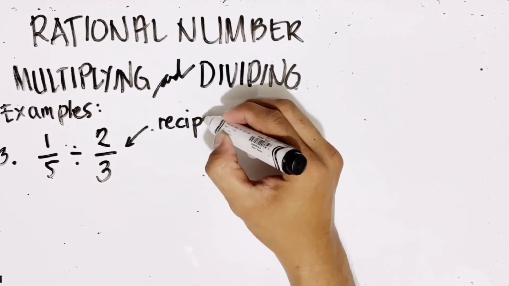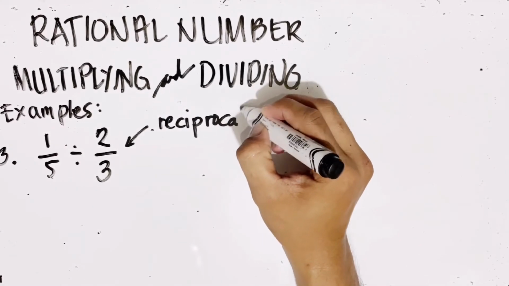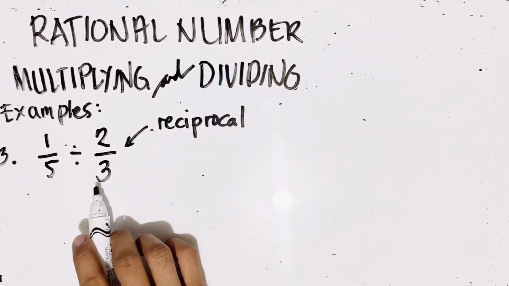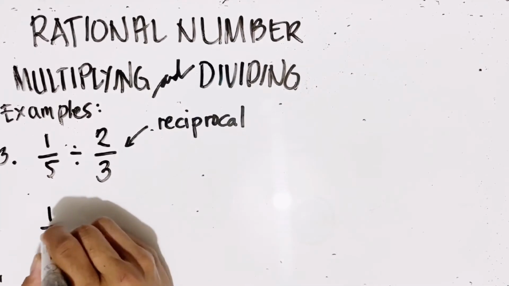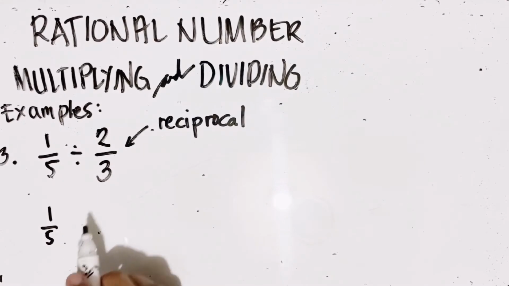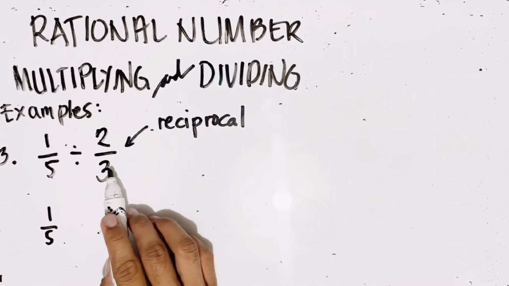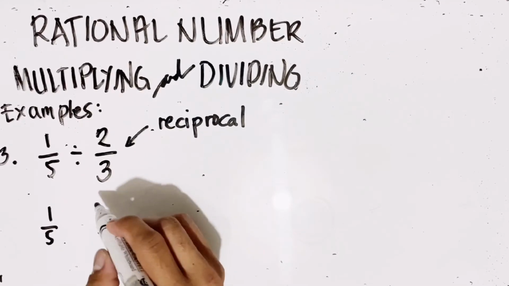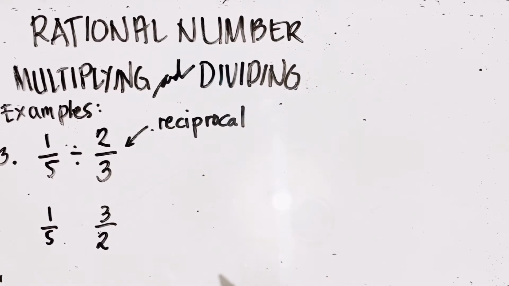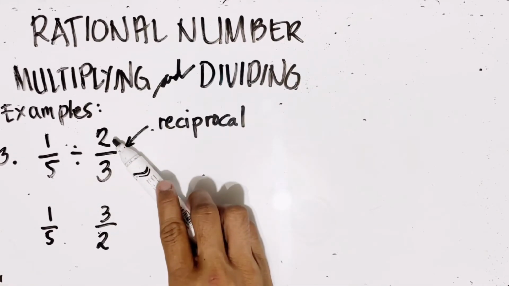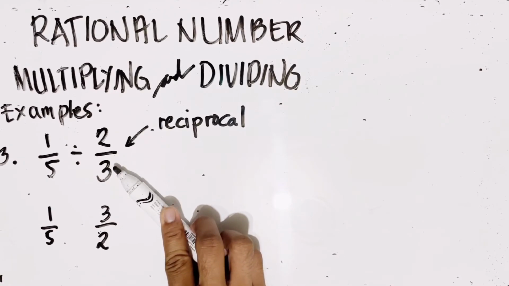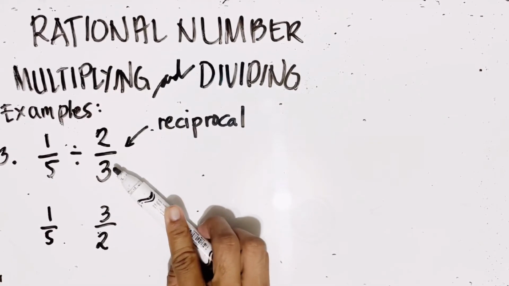First, do the reciprocal of the divisor. So, write again 1/5. The reciprocal of 2 over 3 is 3 over 2. To get the reciprocal of 2/3, you just interchange their places.